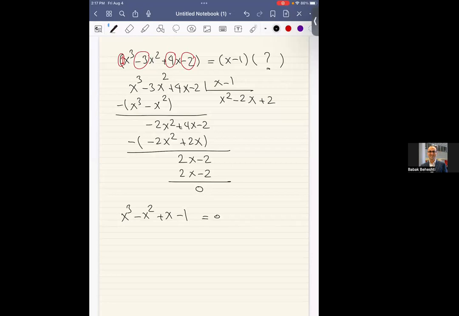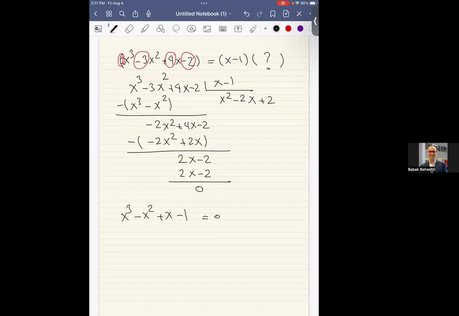If you have something equal to 0, that means you have x minus 1. Exactly. If I have a root, like 1 or 2, that means there is a corresponding factor, like x minus 1 or x minus 2, whatever.